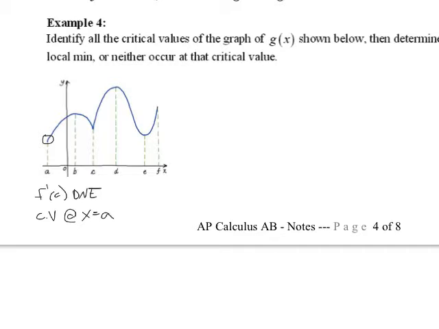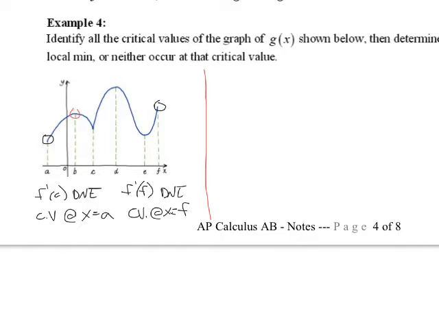And we could say the same thing at the endpoint f, because f prime of f does not exist. We have a critical value at x equals f. Now those are endpoints on the interval, so we can't include those as local max or local mins.